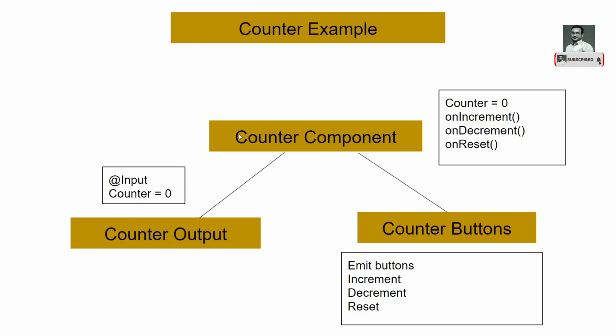The counter example will have three components: the counter component, the counter output component, which displays the counter, and the counter buttons component. The counter output will be responsible for displaying the value, and the counter buttons component will have three buttons: increment, decrement, and reset. The parent counter component will have one variable, counter equal to 0, and three methods: on increment, on decrement, and on reset, which update the counter variable accordingly.